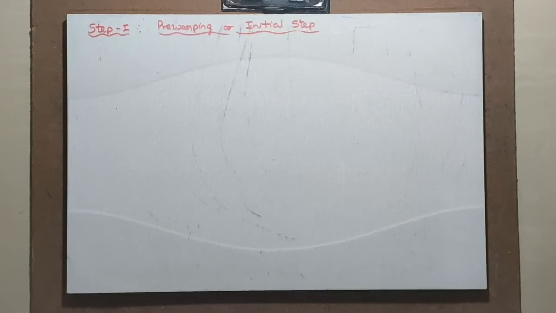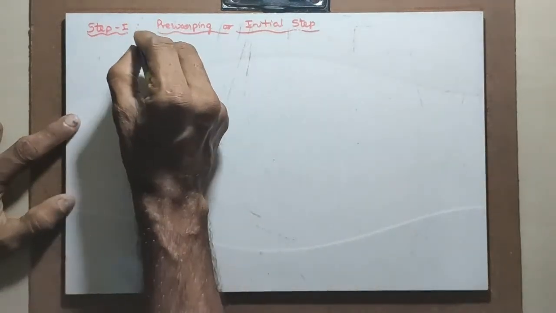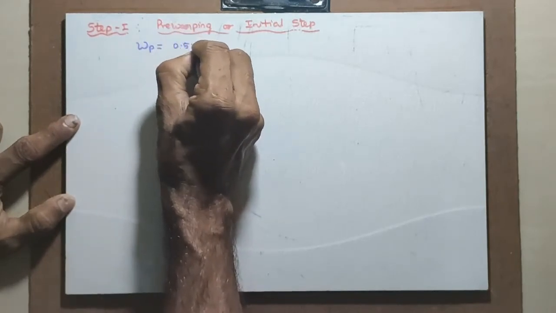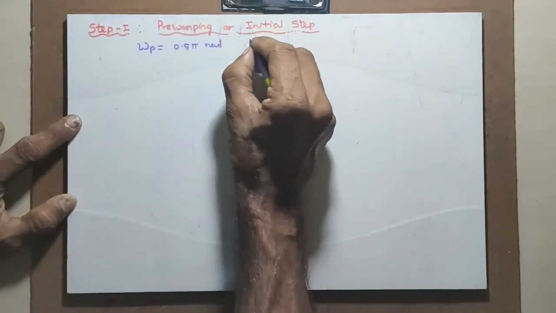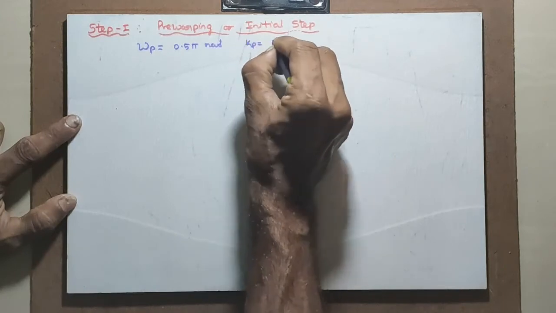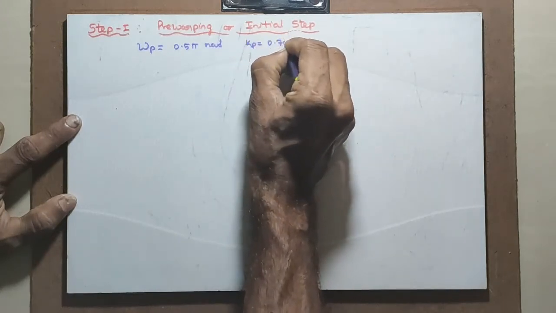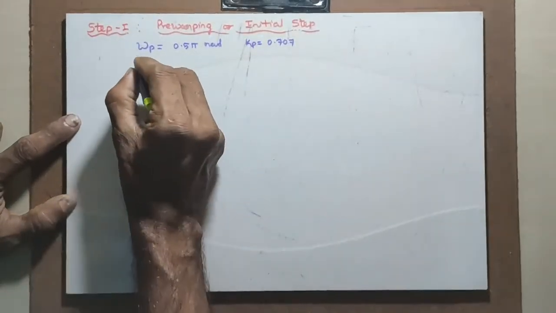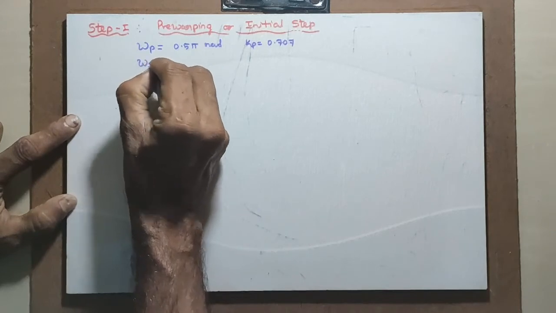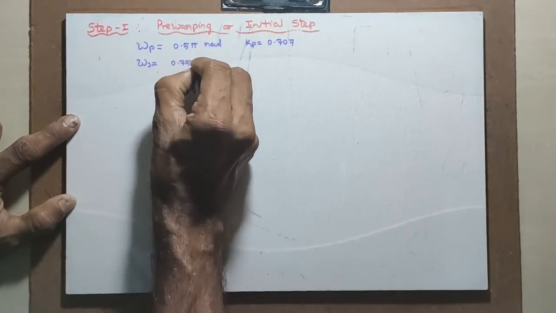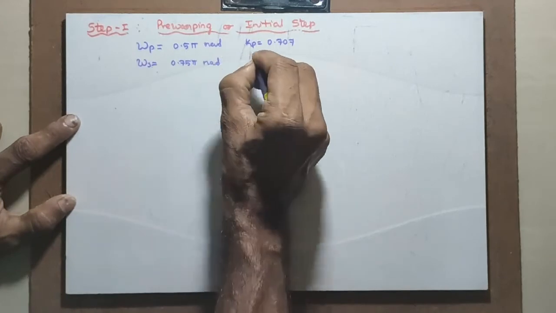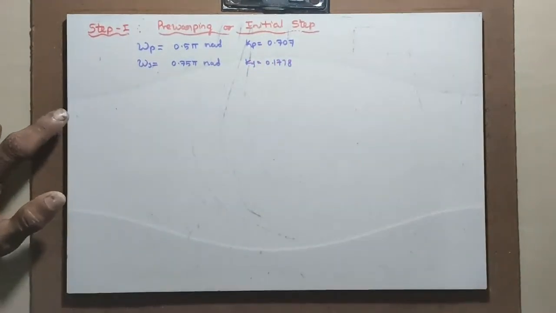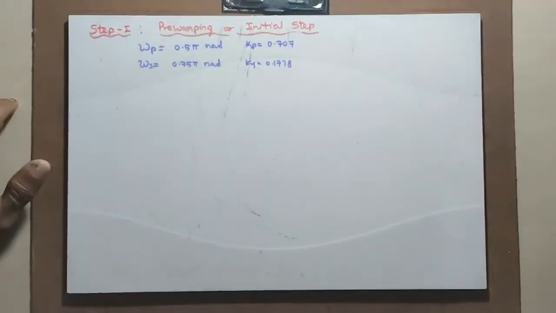Here I will write ωp equal to 0.5π radians, and Kp is 0.707, it is a value, not decibels. Similarly, ωs is equal to 0.75π radians, and Ks is 0.1778.